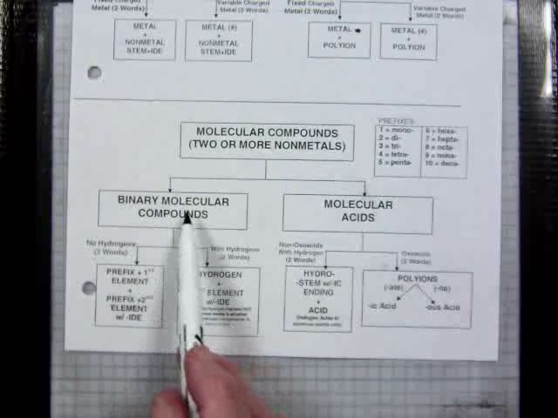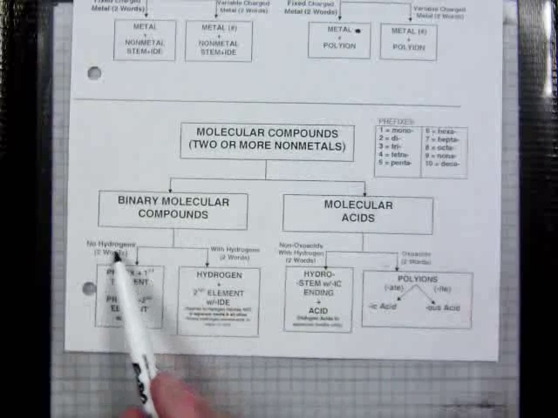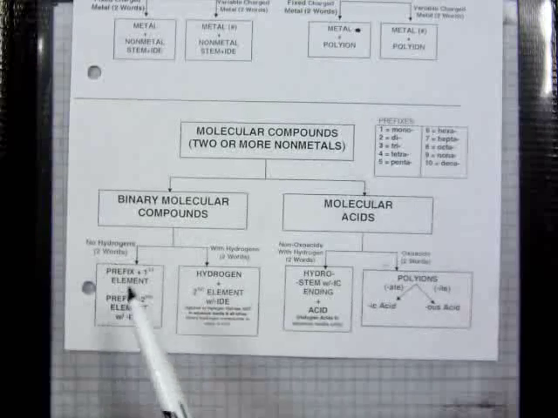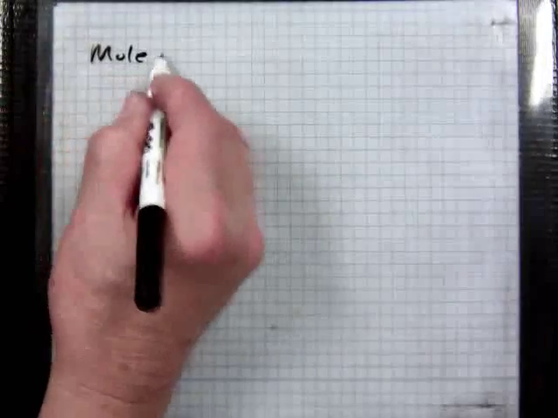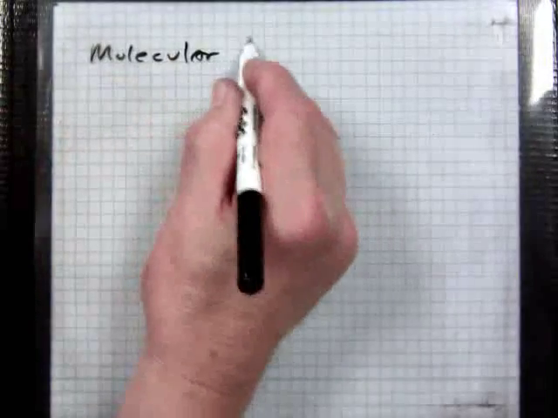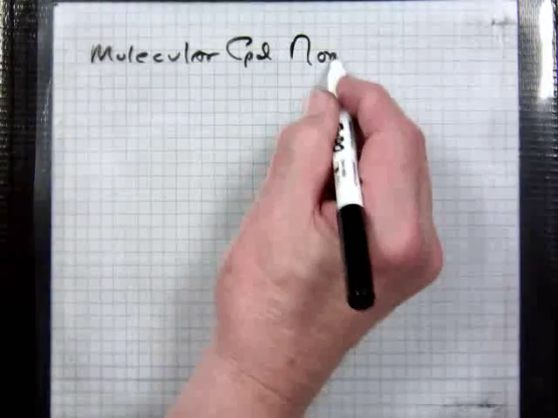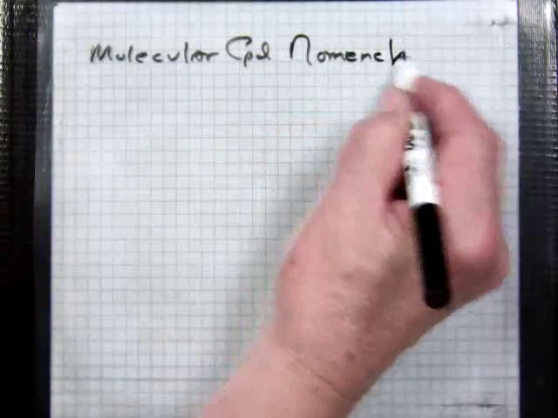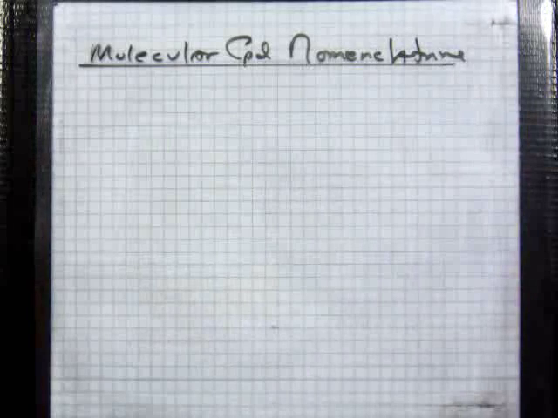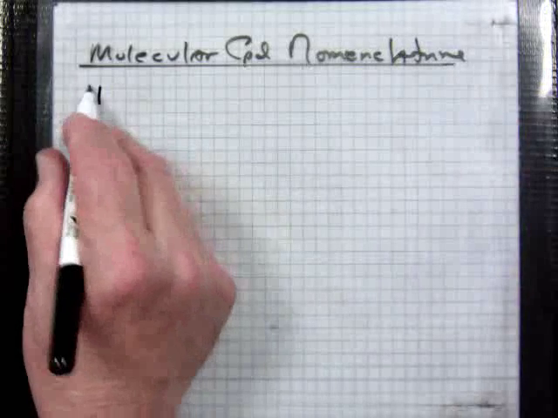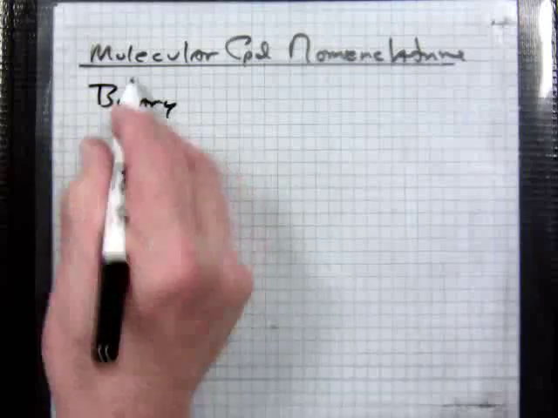The binary molecular compounds have no hydrogens. We name two words, and this is kind of easy to understand. And then you have hydrogen with an IDE ending where it's a single element at the end of it. So molecular compounds nomenclature. Okay, we'll start out with the binary molecular.